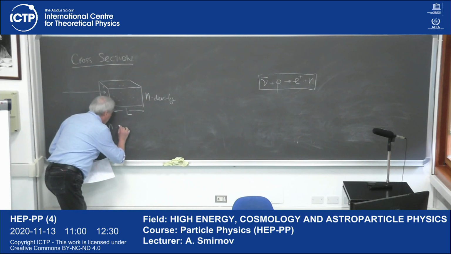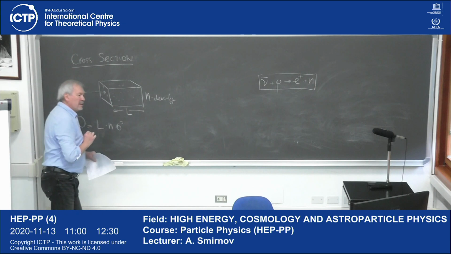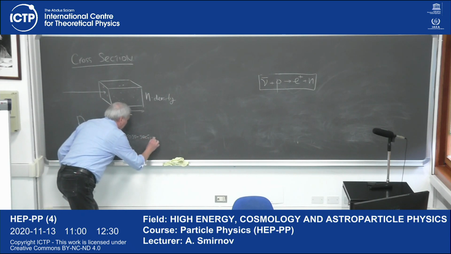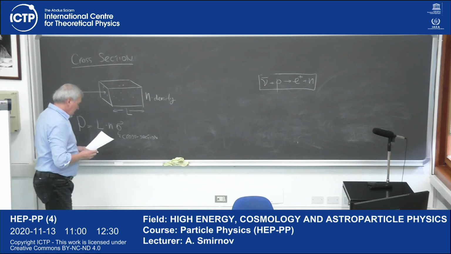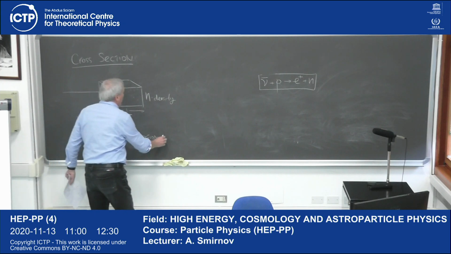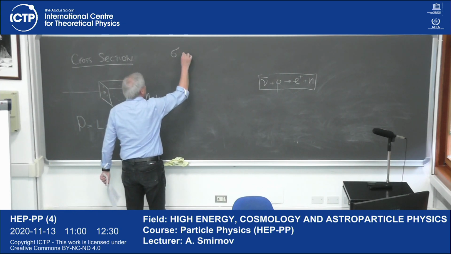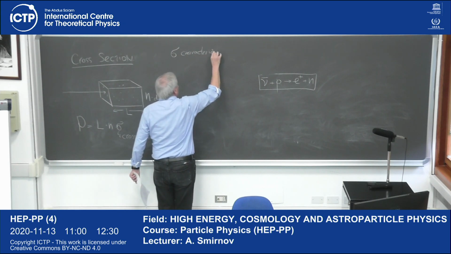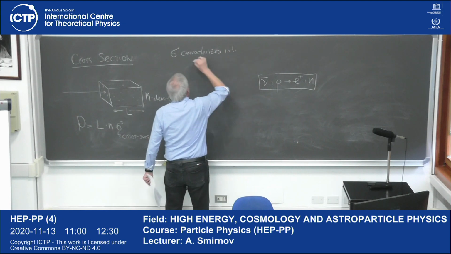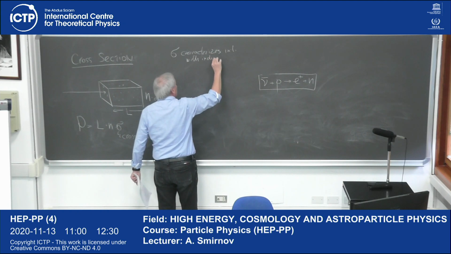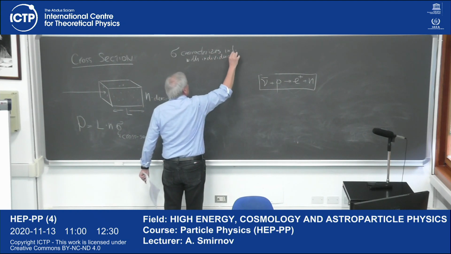And let me introduce some other factor, sigma. This is what we call the cross-section. The cross-section characterizes interaction with an individual scatterer.